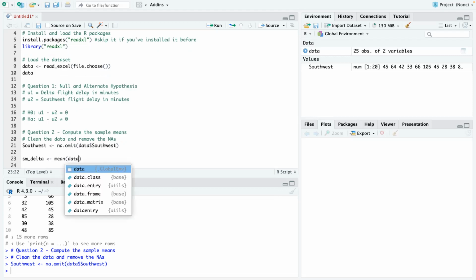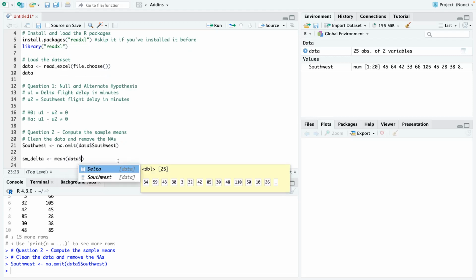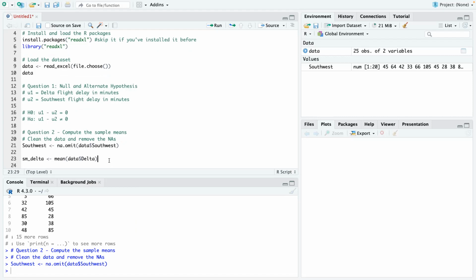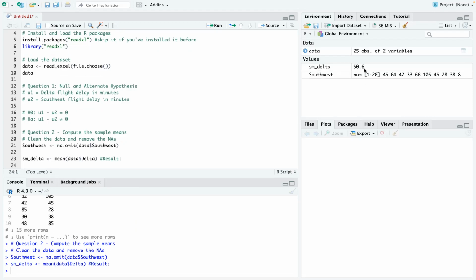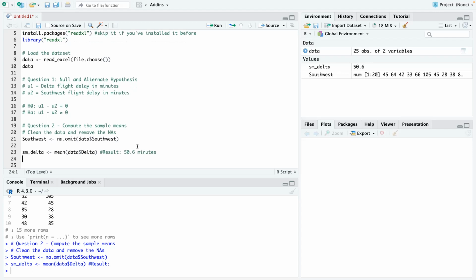And then we can say data dollar delta. I like to put the result beside it so everyone can see it. If I run this, you can see the sample mean, 50.6 minutes. That is the average delay of Delta flights.